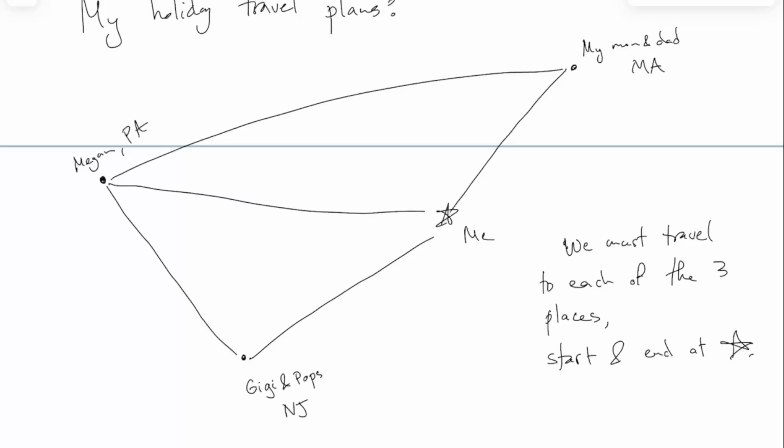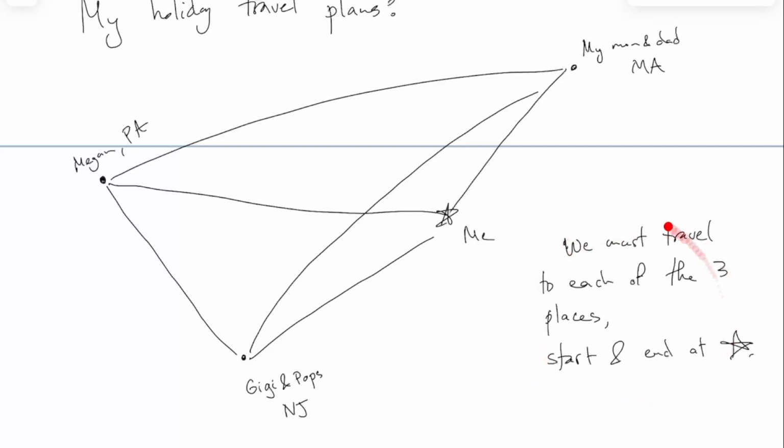We could have, say, gone to Megan's house first. We could go like that, and then down to here, and then back up there. So there are actually other edges, those two diagonal type edges, meaning it is possible to drive from here straight to Megan's house, and then maybe go down here, and then go all the way up there, and then come back, and so on, right? These are all the possible individual routes.